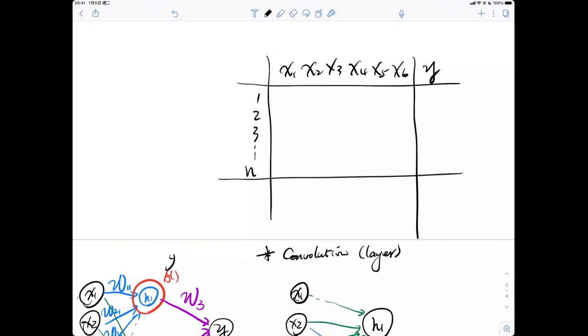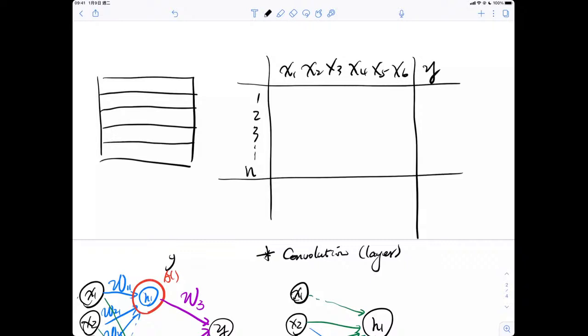However, for some special applications, such as sequence applications, time series applications, and the most important one, images, when we would like to analyze an image, usually we view it in this way. For example, that is an image, and each block here is a pixel.